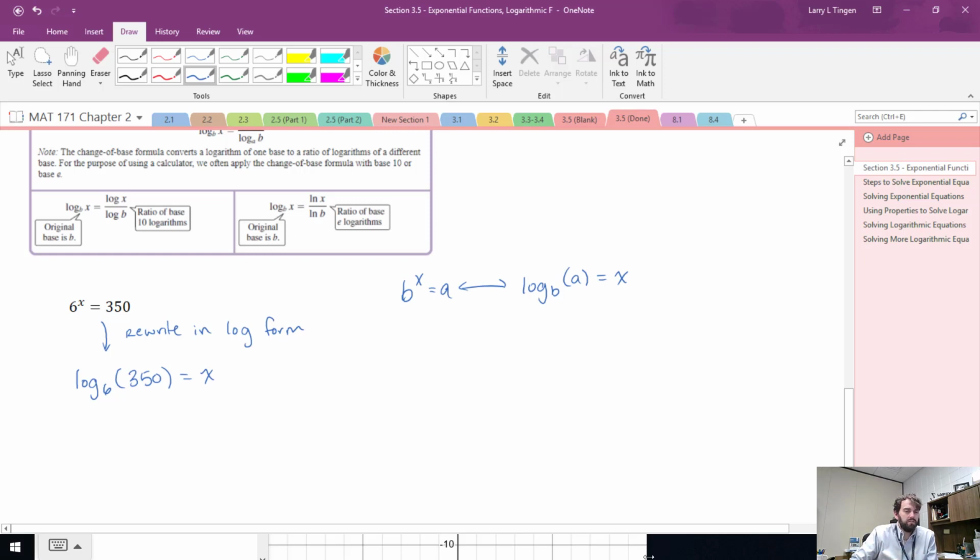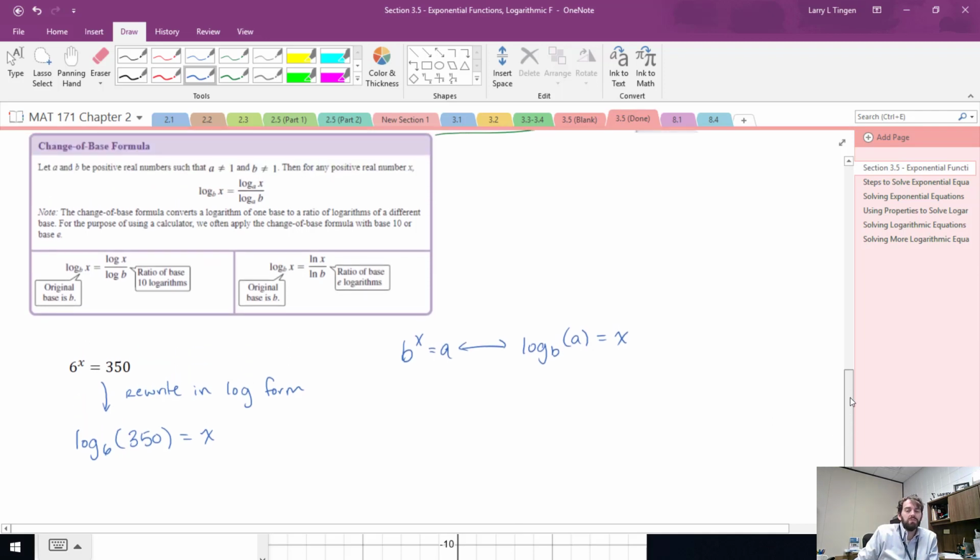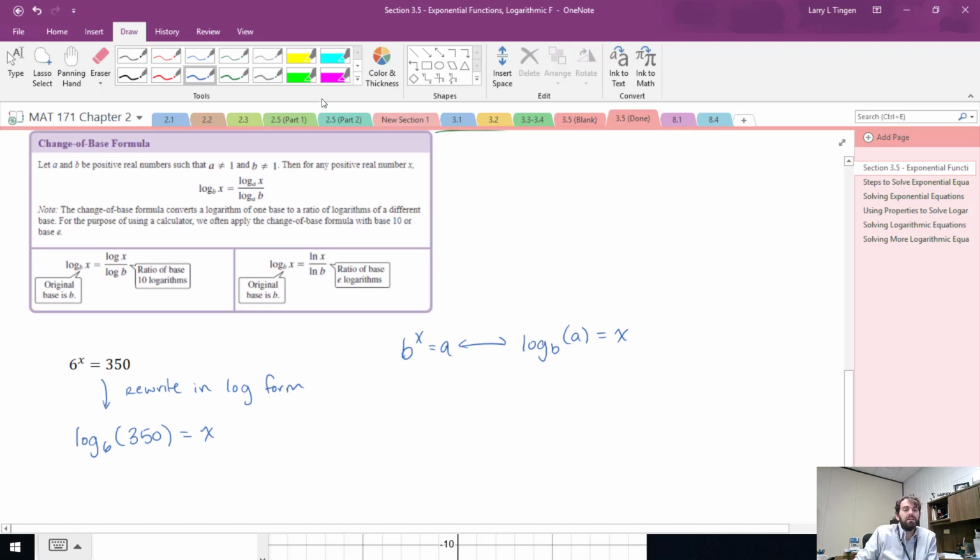So what do I do? I have a log base 6 of 350. What power do I raise 6 to get 350? I use the change of base form to rewrite this in terms that my calculator can deal with. Change of base says if you have log base b of x, this is equivalent to log base a of x divided by log base a of b.